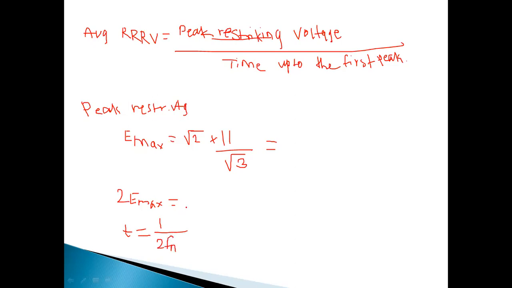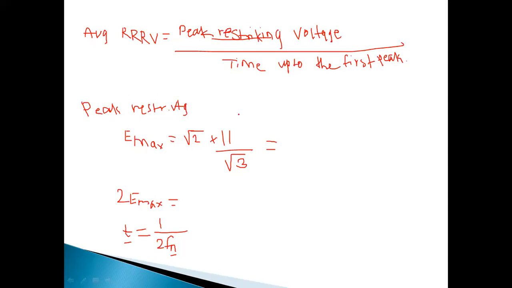We already know this Fn, right? So first calculate that, and then put the value of Fn here. Then you will get the time up to that first peak. And then you can find the average rate of rise of restriking voltage.